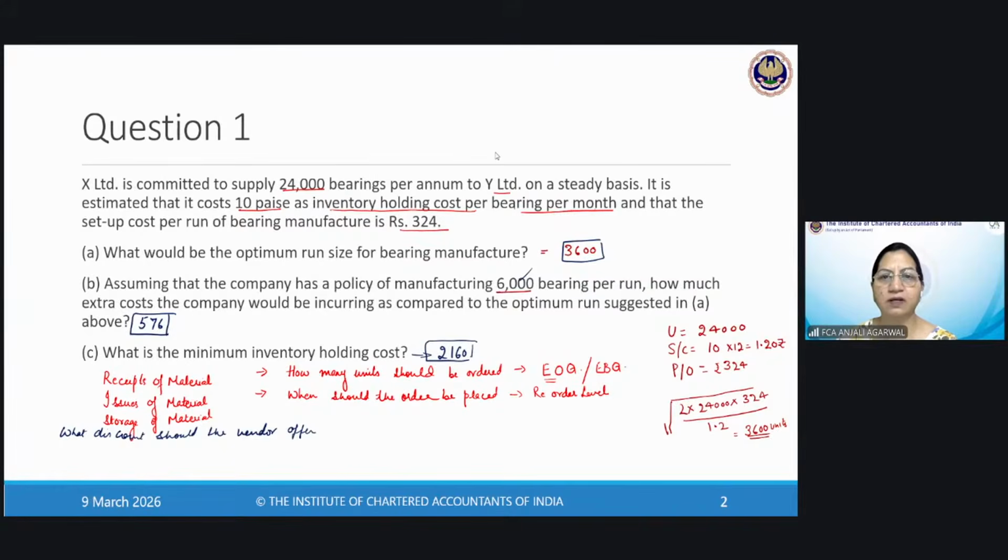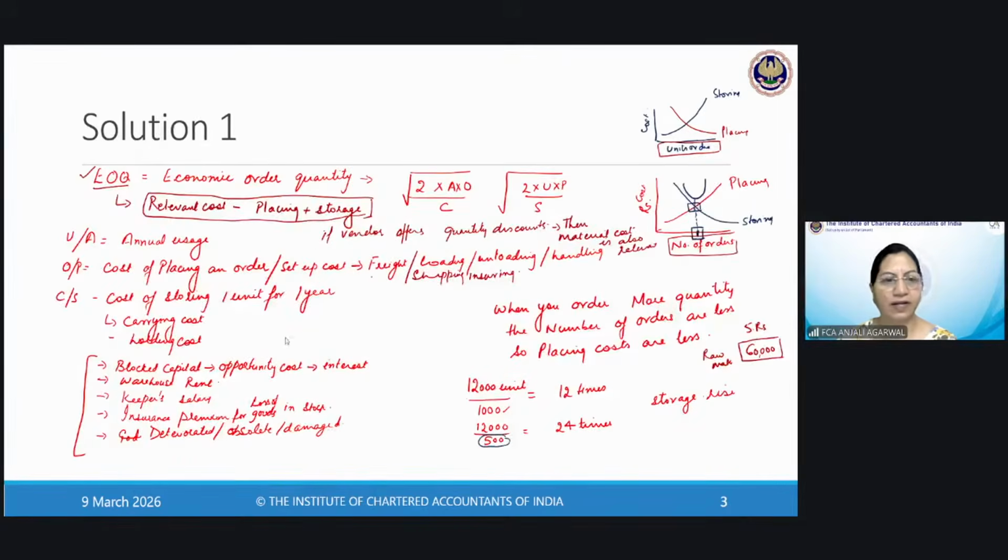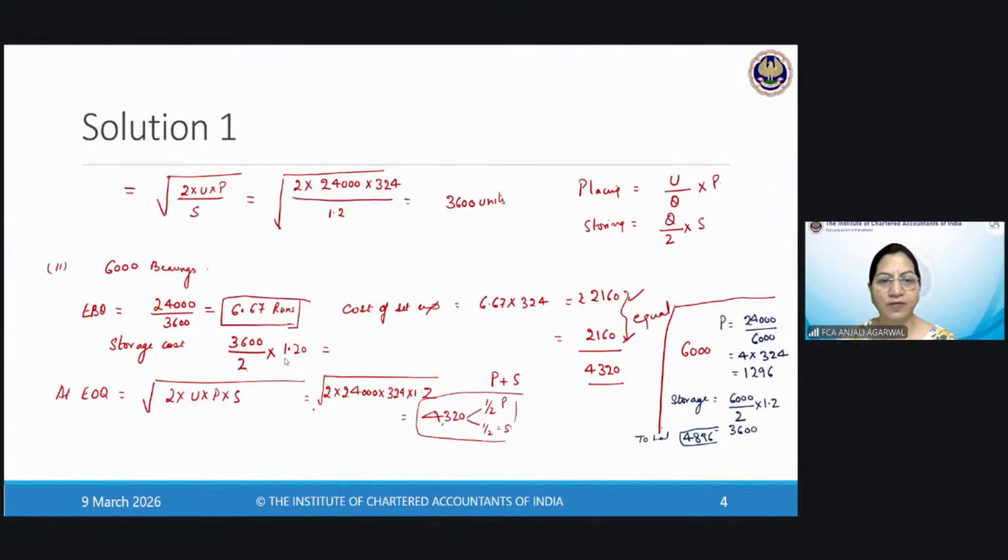Minimum holding cost. When you say holding cost, it is not placing and storing, placing or ordering. Holding cost means only the storage cost. Like I've written here, you can call it storing cost, carrying cost, or holding cost. So at EBQ, the total of holding and ordering is 4320, but the holding cost alone at EBQ is 2160.